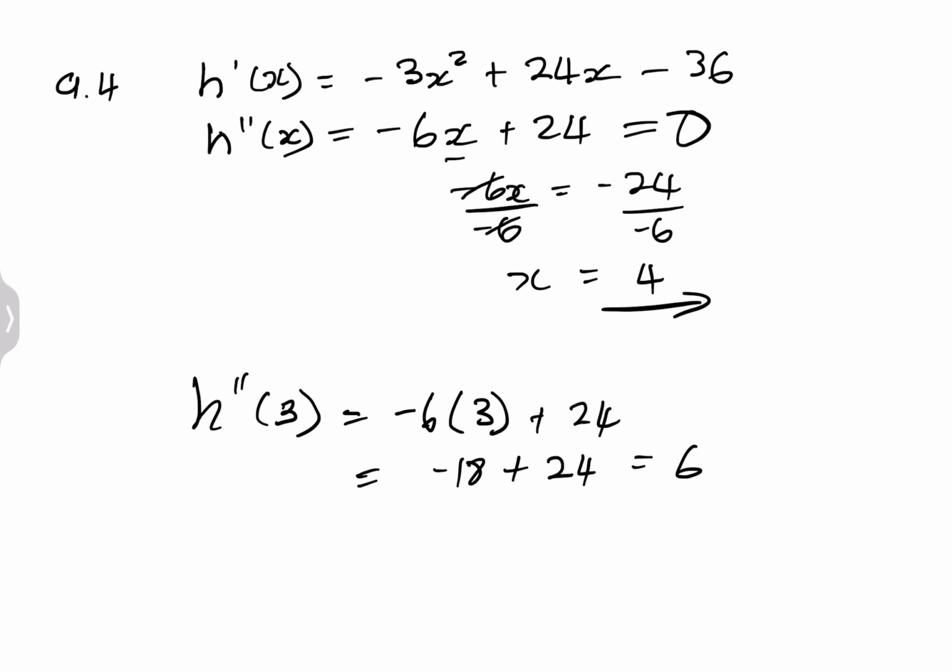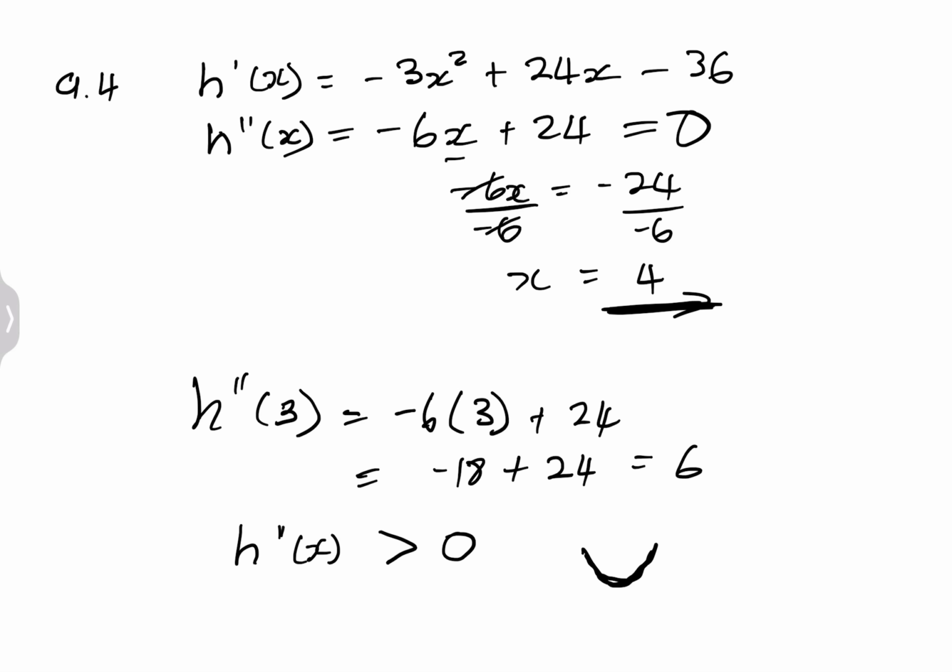Now, please, I want you to listen carefully, ladies and gents. When the double derivative is greater than 0, meaning if it's a positive number, then it tells us that the graph is concave up, which is what we got as well, because it's before the point of inflection.